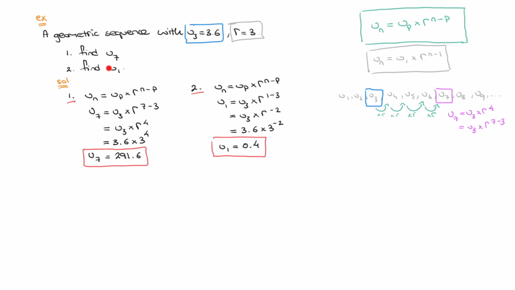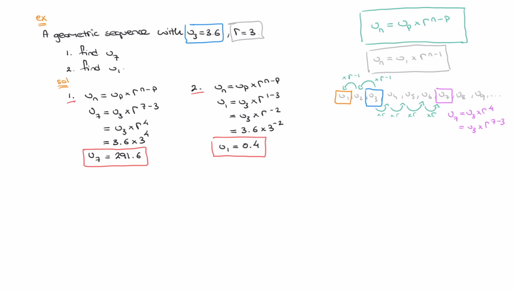Similarly, when we had to find the first term of the sequence, so that would be this term right here, starting from the third term, we'd have to divide by r and divide by r again, which is the same thing as multiplying by r raised to the power of negative 1 and multiplying by r raised to the power of negative 1 again, which explains the r to the power of negative 2 that we had here. And that's the whole idea. This formula allows us to avoid having to write all these terms out in order to figure out which power we need to place on the r. Instead, we can find it directly.